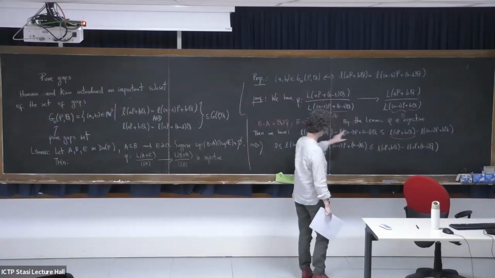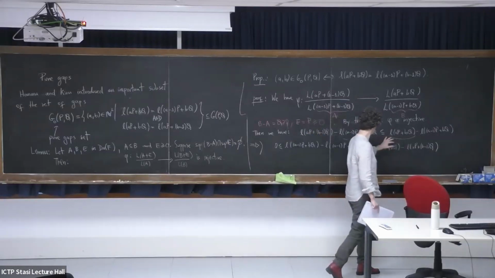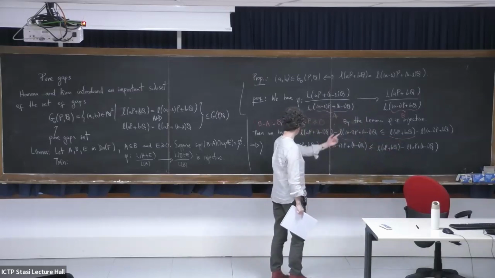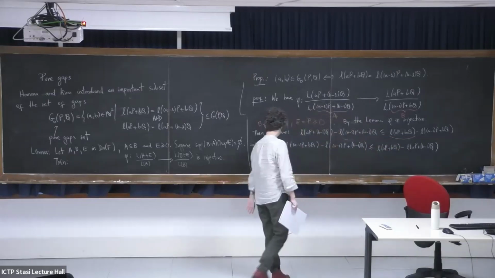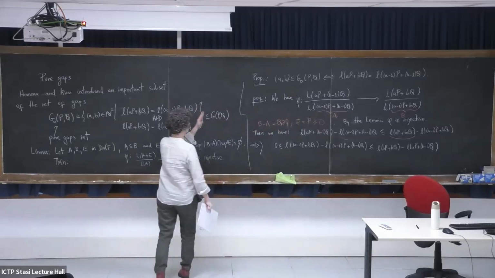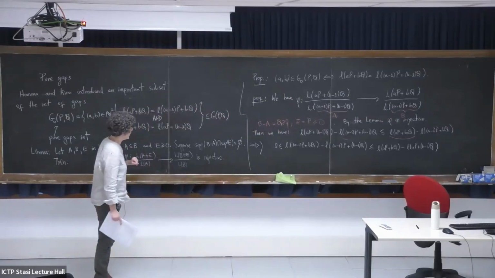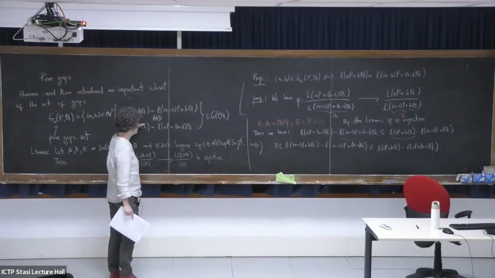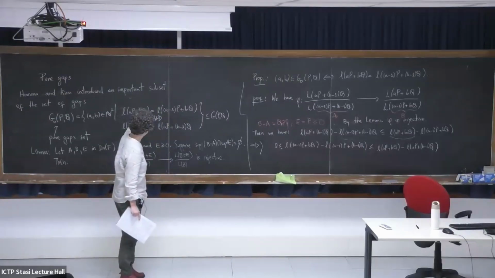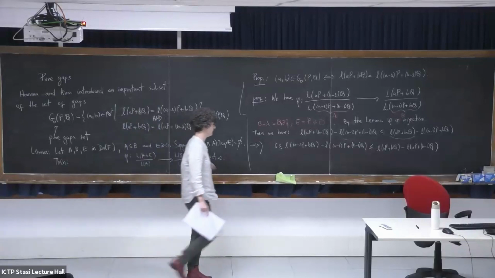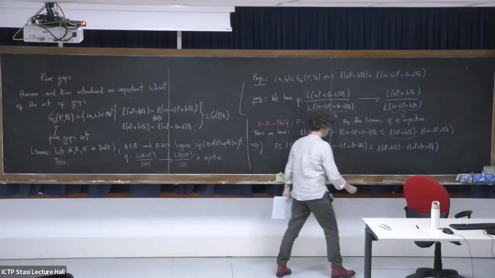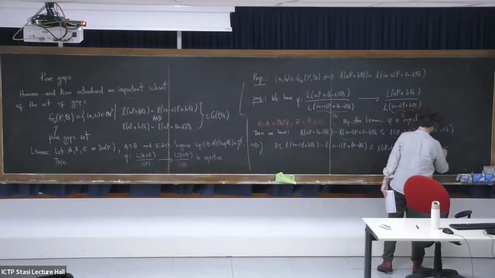Yeah, just put this to the other side. So this minus this is larger than, and I put that one here. Okay. And what I'm saying, I'm considering that AB is a pure gap. So we know that this dimension here is equal to this dimension here. So by hypothesis, I have this is 0.